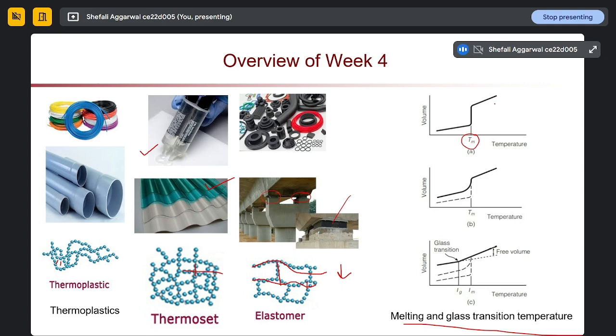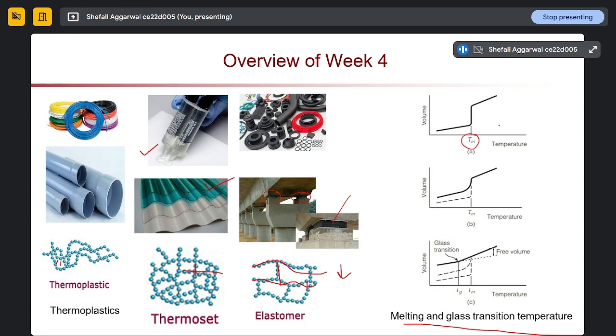However, at higher temperature, because of vibration, there is a separation between the elastic and viscous behavior. Upon cooling, the motion of molecules will decrease, and the viscosity of the material will increase. There is a temperature called the glass transition temperature.